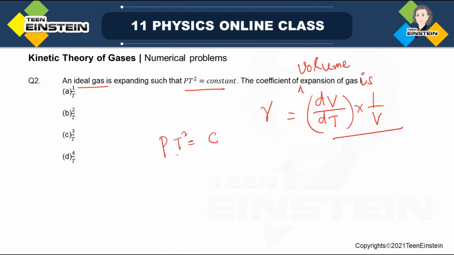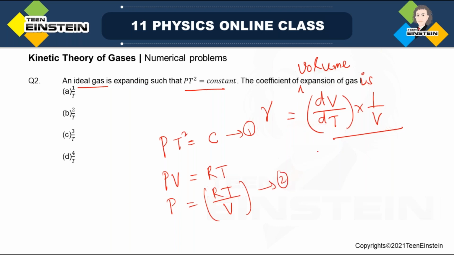So we know that for 1 mole of ideal gas, PV is equal to RT. From here, if we replace P, we get P is equal to RT by V. Suppose this is equation number 1 and this is equation number 2. So replace P in equation number 1.